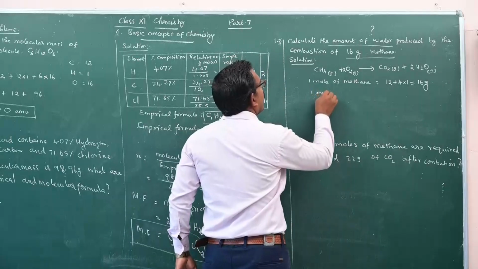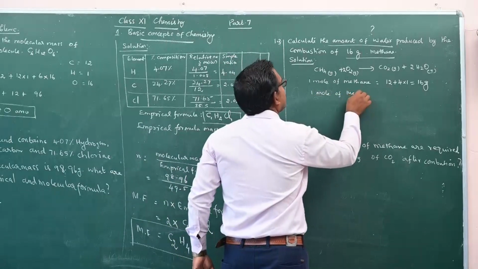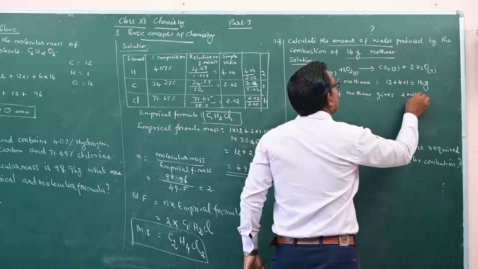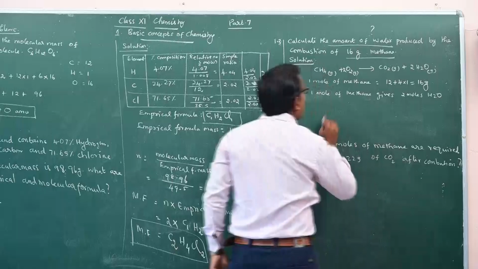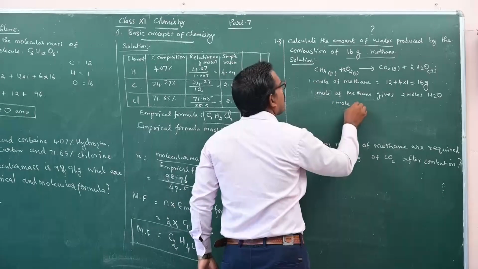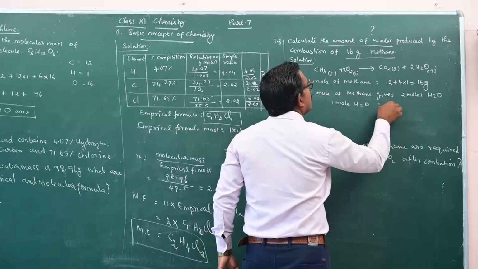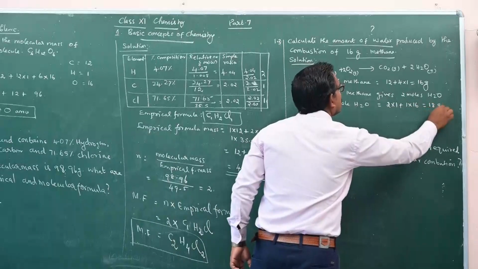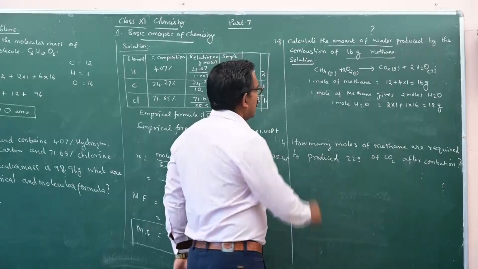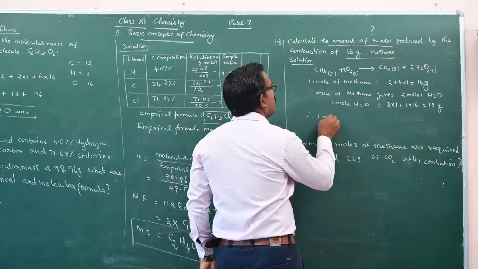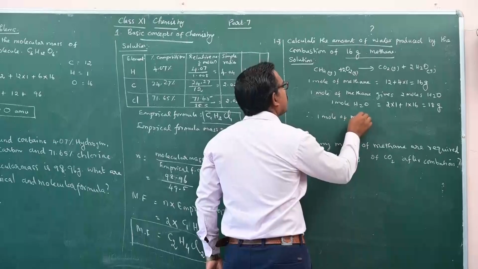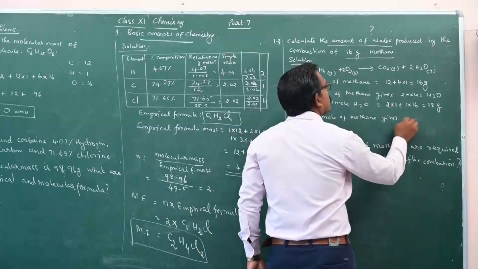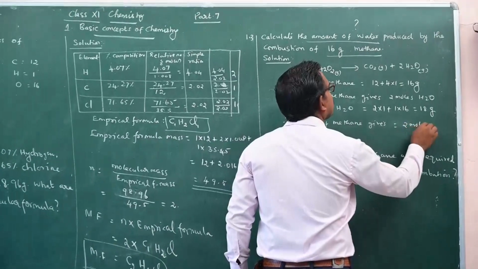So, 1 mole of methane gives 2 moles of water. 1 mole of water is equal to 2 into 1 plus 1 into 16, that is 18 gram. Therefore, 1 mole of methane gives 2 moles of water.